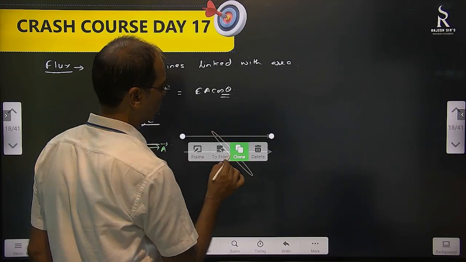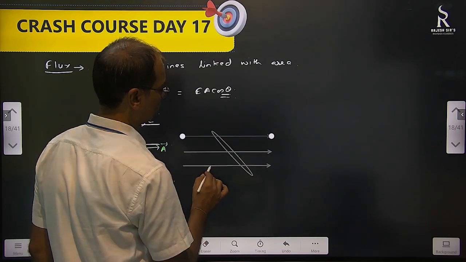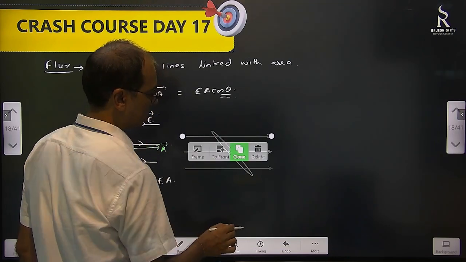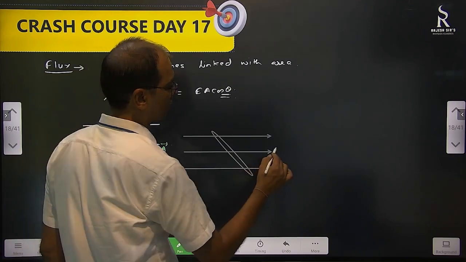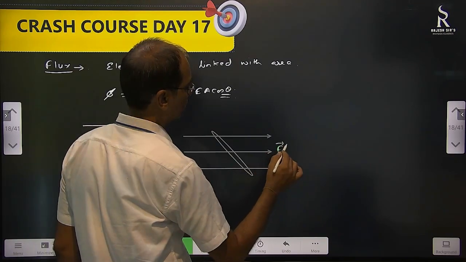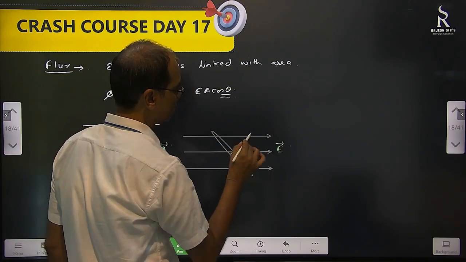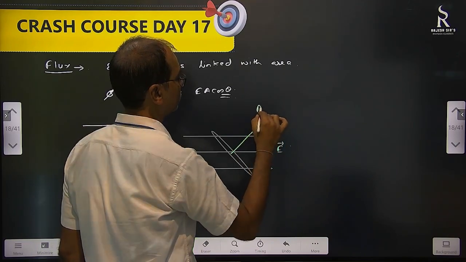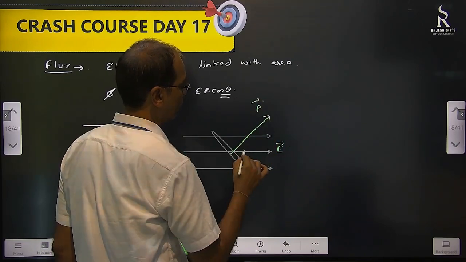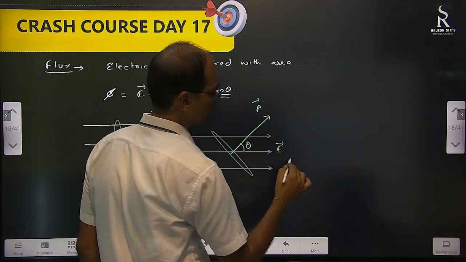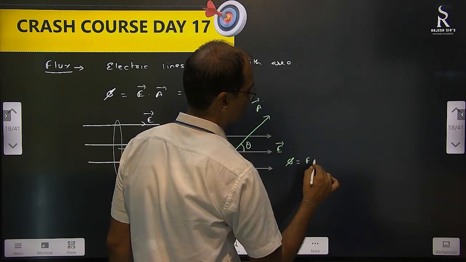This is the electric field, and the area vector is like this, and the angle between them is theta. Then in this case, phi equals EA cos theta.